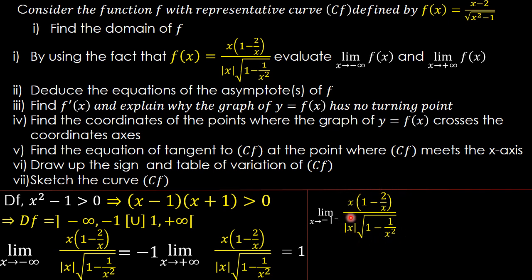But is it positive or negative infinity, guys? The sign of what we have here determines if it is negative infinity or positive infinity. So in this case, if we put it in, we are going to have an answer of negative infinity. Again, guys, if you also take the limit as x goes to 1 from above, you can choose a number that is slightly greater than 1, such as 1.1.